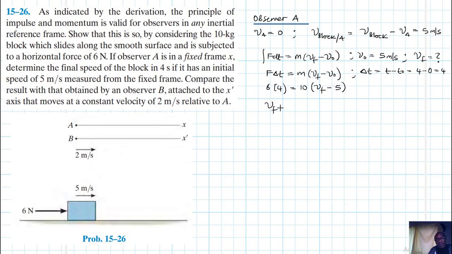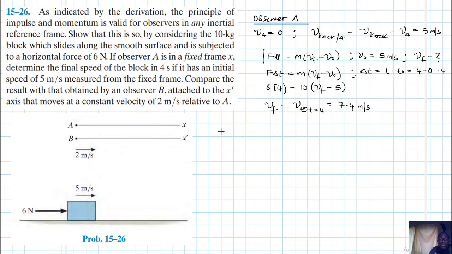Therefore our v final, which is v at t equal to 4 seconds, gives us 24 divided by 10 plus 5. We have 7.4 meters per second.